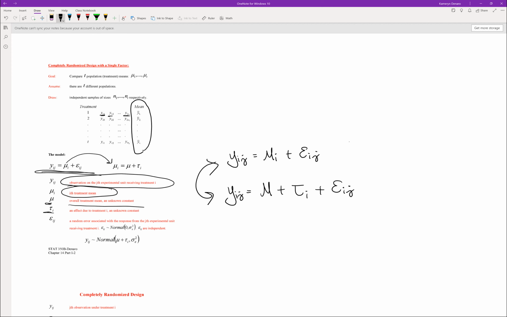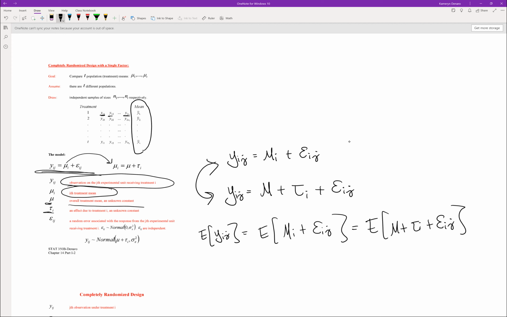variance sigma squared epsilon. So if we wanted to, we could say, okay, what's the expected value of Yij? Well, that's the expected value of mu I plus epsilon ij, which is the same as the expected value of mu plus tau I plus epsilon ij.